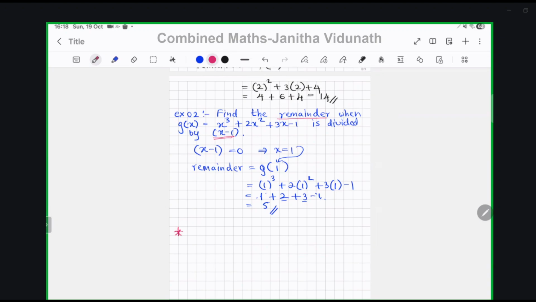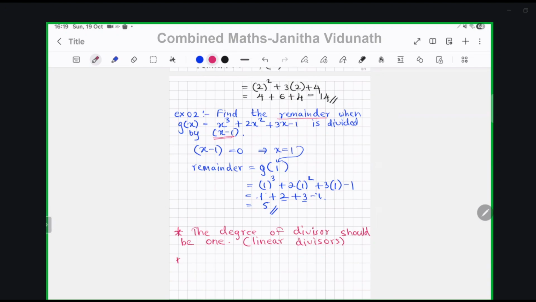Now, for using the remainder theorem, the degree of the divisor should be 1. That means only linear divisors can be used in the remainder theorem.